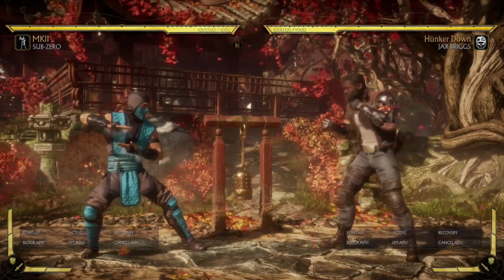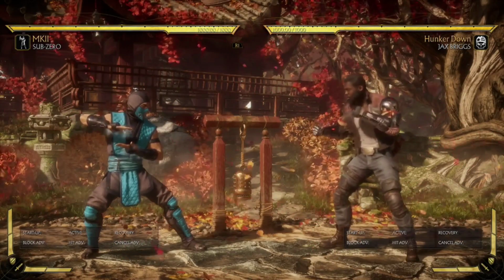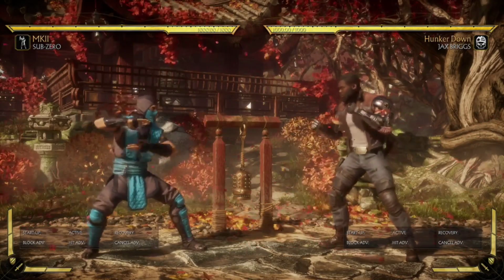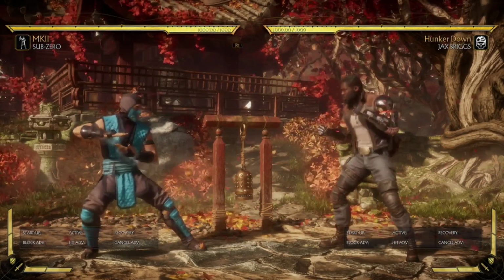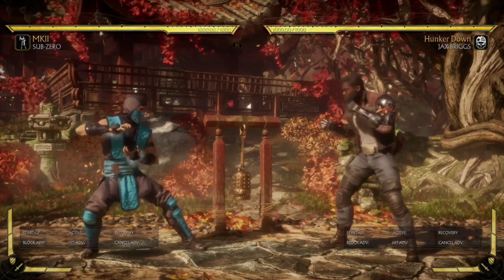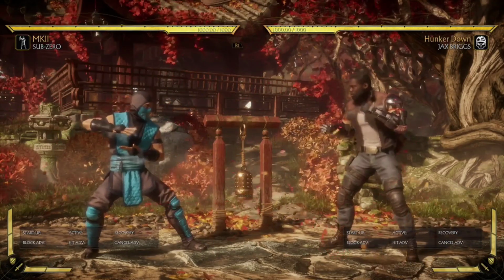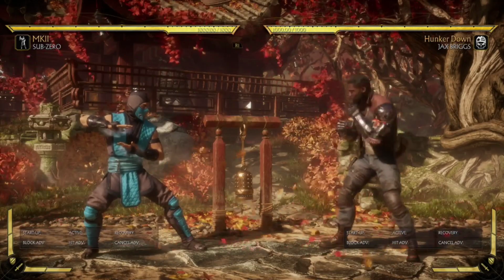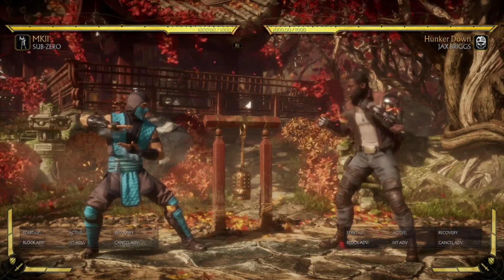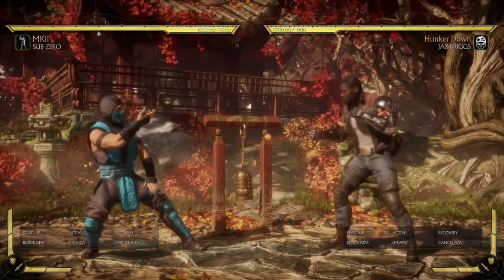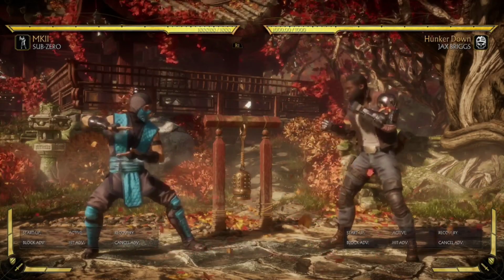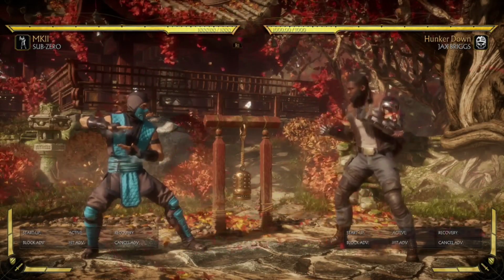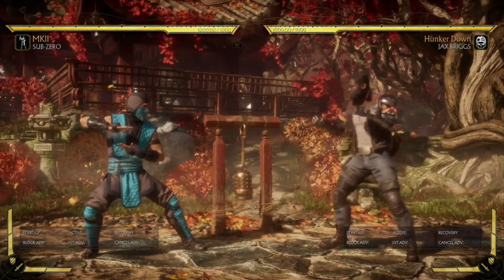Even though the recovery frames say 24, recovery frames are not the same as minus on block. You can have moves that have a ton of recovery frames, like teleports, yet you don't actually have that window to punish them, because the recovery frames take into account the entirety of the animation. From the second you start it to the second you finish it, and then finally until the second you can move, block, or attack.